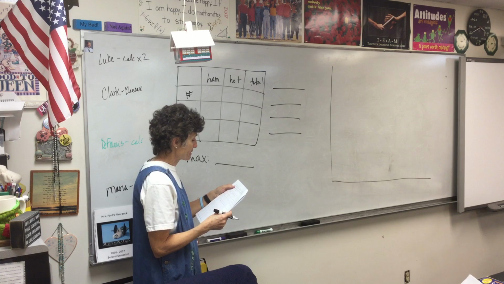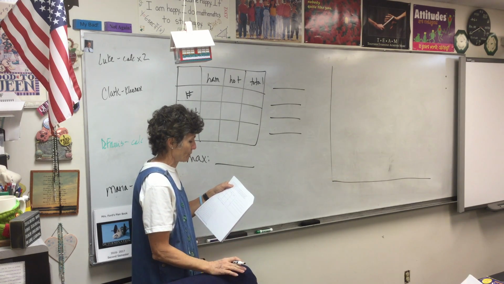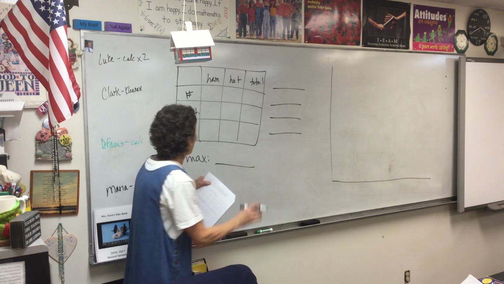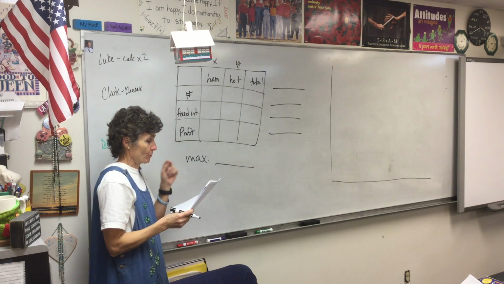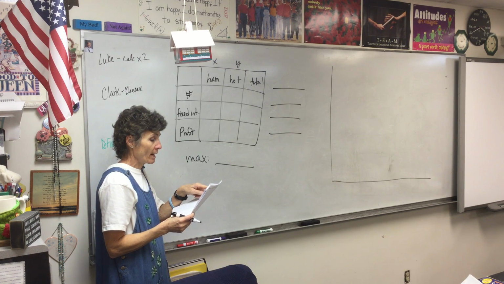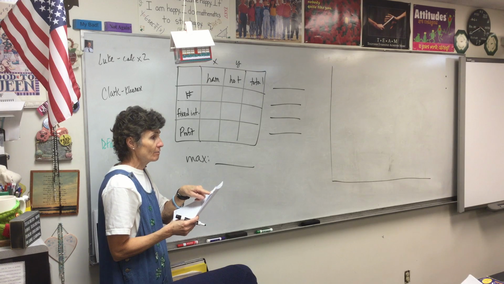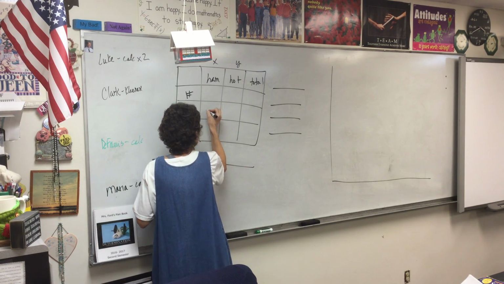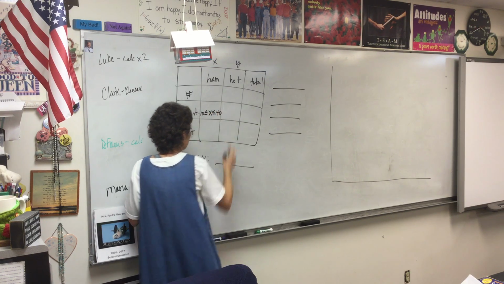To stay in business, you must sell at least 10 hamburgers, but not more than 40. So what does that tell you about the number of hamburgers? It has to be somewhere between 10 and 40. So X is between 10 and 40.